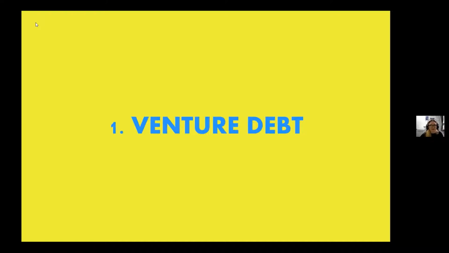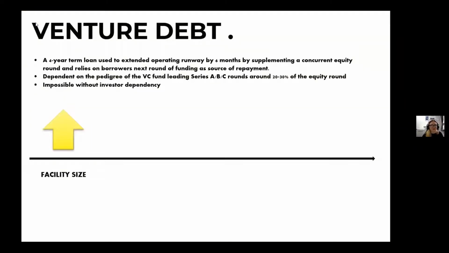Okay, venture debt is the first product that you guys are going to experience. Fundamentally speaking, this is a very simple product to understand. It's a term loan. It can be up to kind of four years long. It is dependent on the pedigree of the venture capital fund, and usually is deployed at Series A, B, and C. And it represents around 20 to 30% of your equity round.